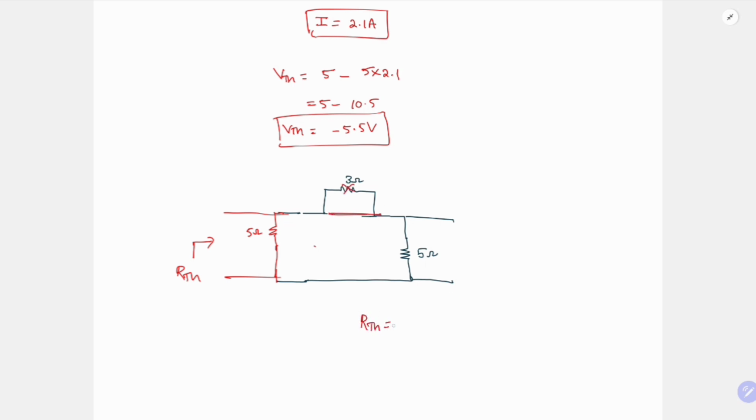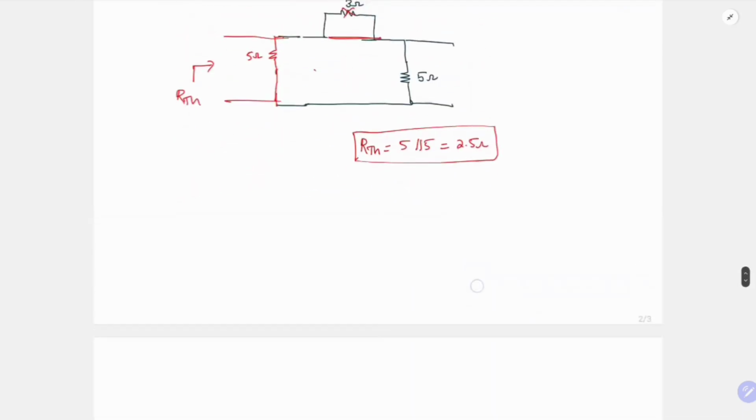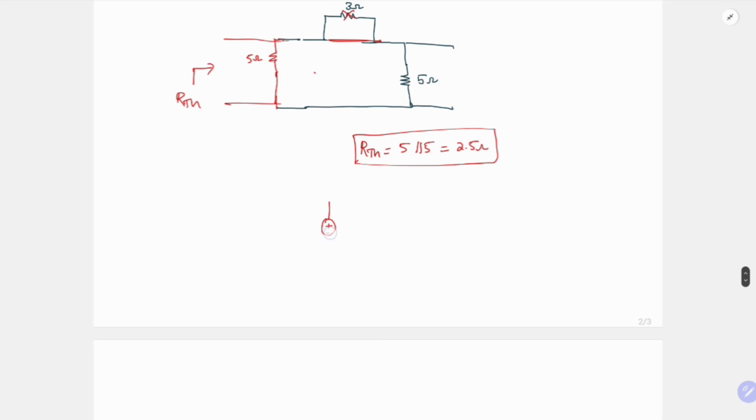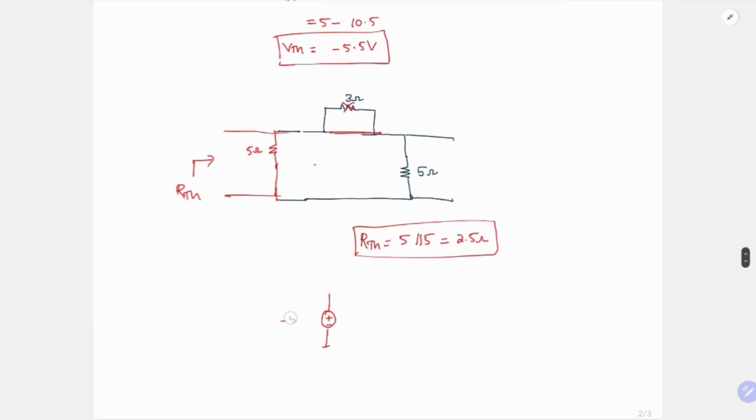So RTH is equal to 5 ohm in parallel with 5 ohm, which is equal to 2.5 ohm. So effectively how does this circuit become? It is minus 5.5 volt, and it has a series resistance of 2.5 ohms, and we have this R.